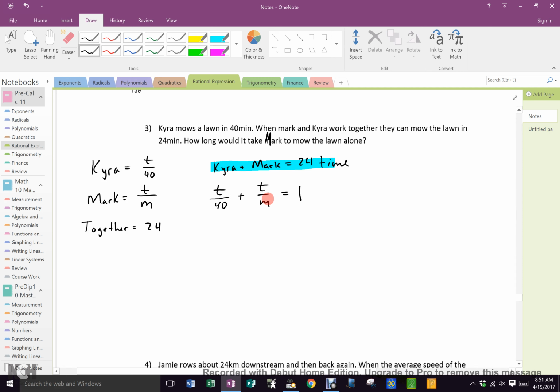So what do I need here to make this work? Common denominator, which is what? 40m, right? What does this guy have? He's got the 40, so what does he get? M. What's this guy got? M, so what does he get? The 40. And this guy gets what?